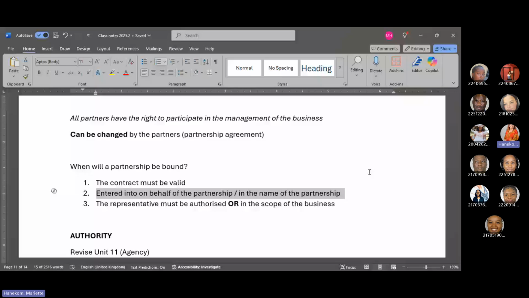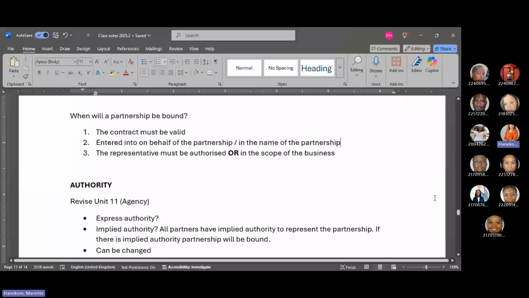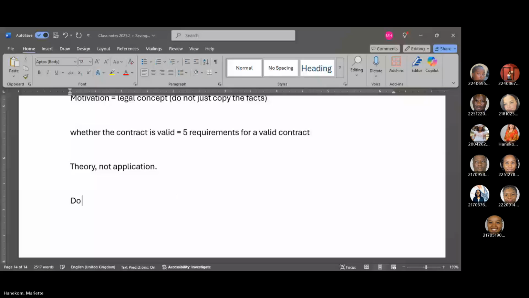Don't just list. Do not just list the requirements. That is not enough.